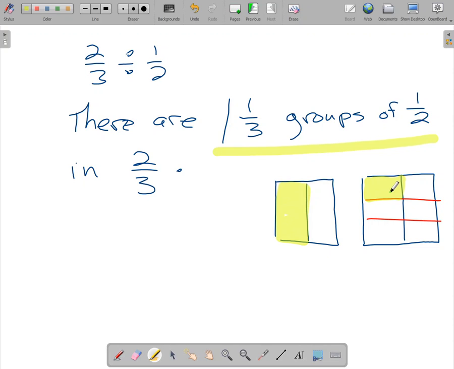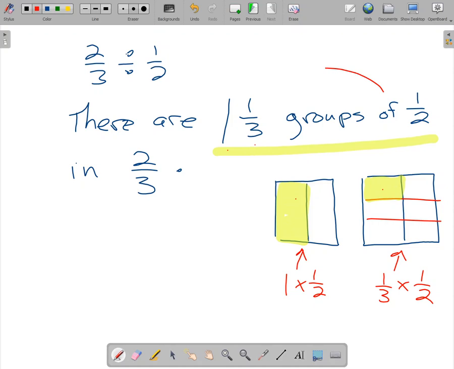So here's my claim. This right here is one group of 1/2. And this picture right here shows 1/3 of 1/2. Because I need to show 1 1/3 groups of 1/2. So is this piece right there 1/3 of that piece right there? Yes. Answer is yeah, it is.